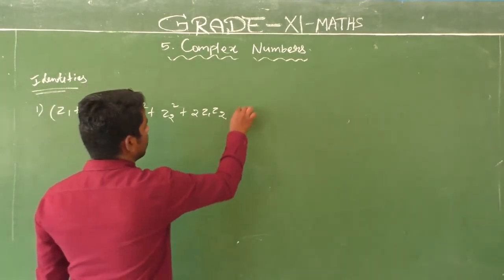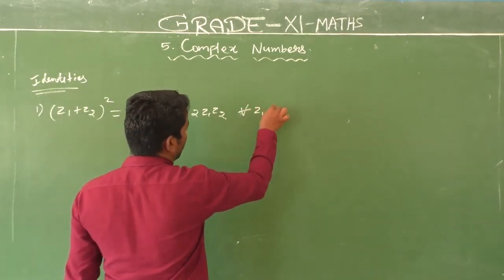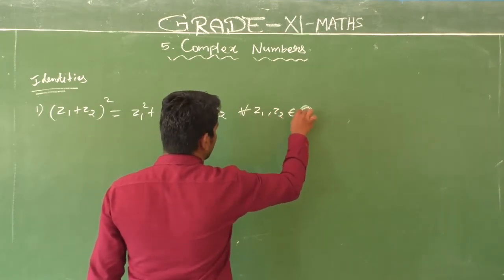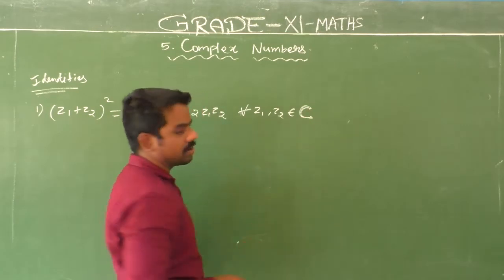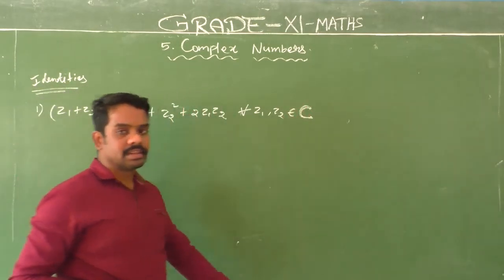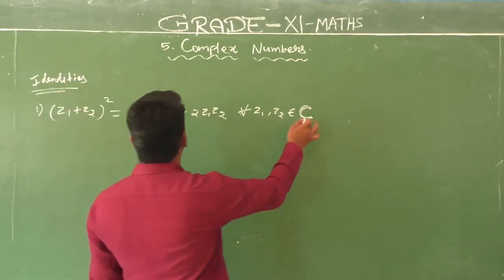The set of all complex numbers is denoted by capital C.